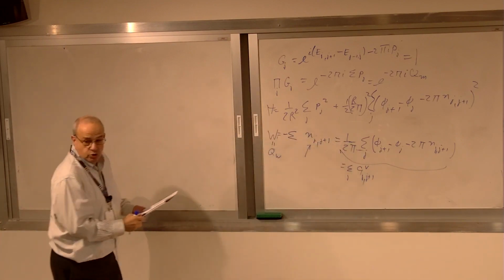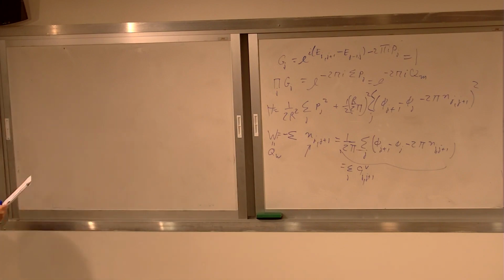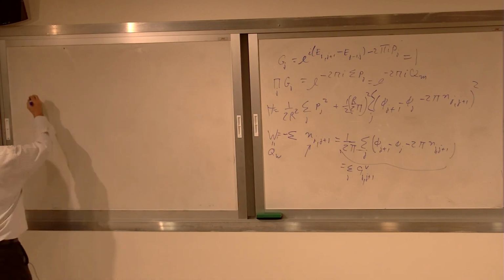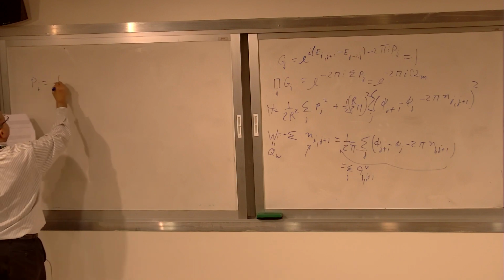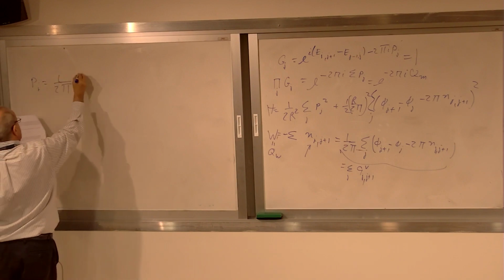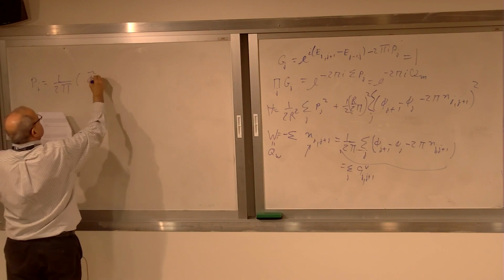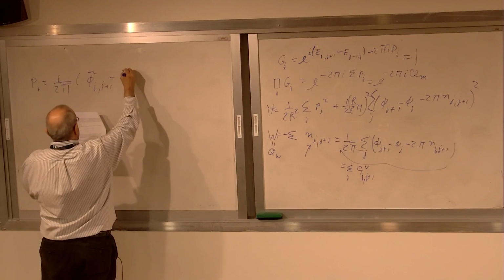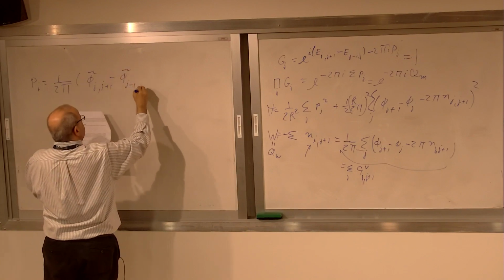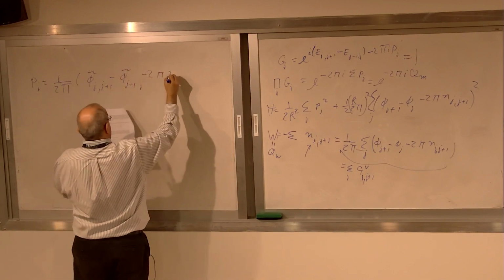I'm going to change variables. So wherever I saw p_j, I'm going to write 1 over 2π (φ̃_{j+1} − φ̃_{j−1} − 2π ñ_j).